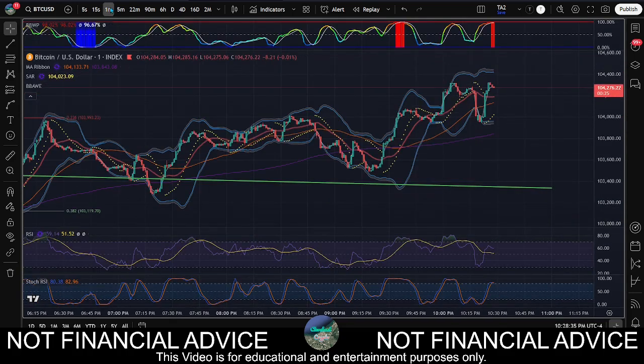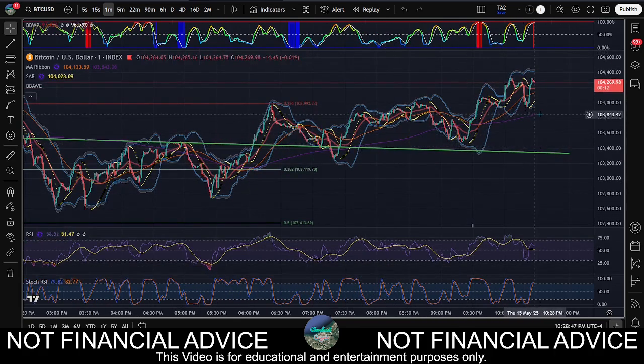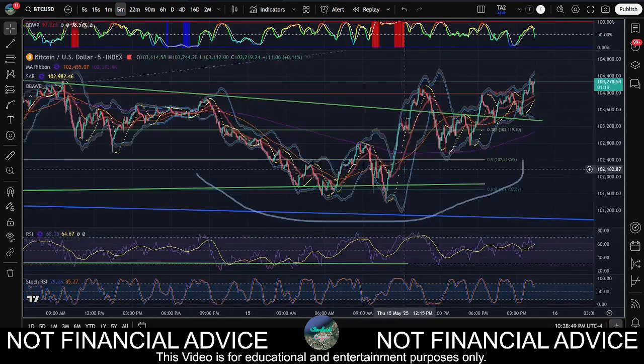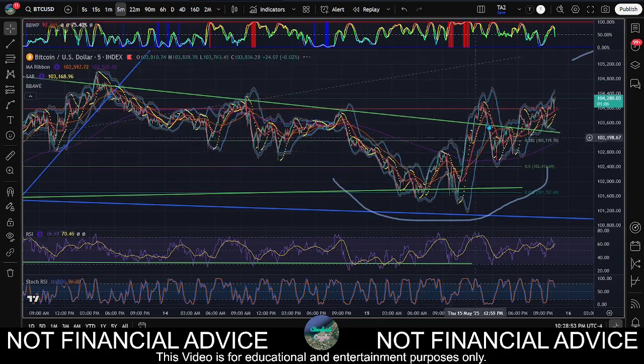If we get a low though, if it does go down, as long as we can see the Stokes get to the bottom of their oscillation before price action puts in a lower low, we get a higher low in this trend here on the 1 minute, which is over its 200. We'd get a higher low in that trend on the 5 minute, which is also over its 200. Bullish signs.